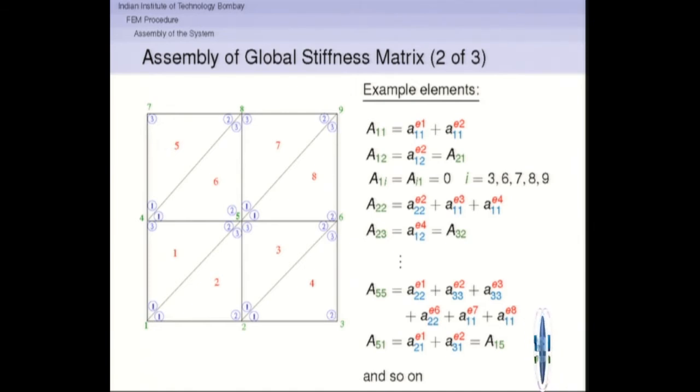Similarly, we have just now seen all the diagonal terms. If you take one off-diagonal term, A12, it is simply A12 of E2, because it is related to node number 2, is it not? Whereas if you take A15, it will be decided by A12 of element 1 and A13 of element 2. So, that is why A51 is calculated as A21 of E1 plus A31 of E2.